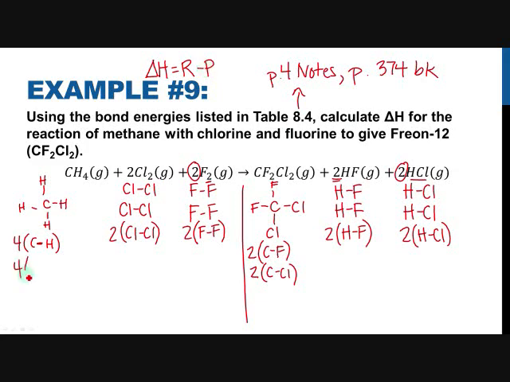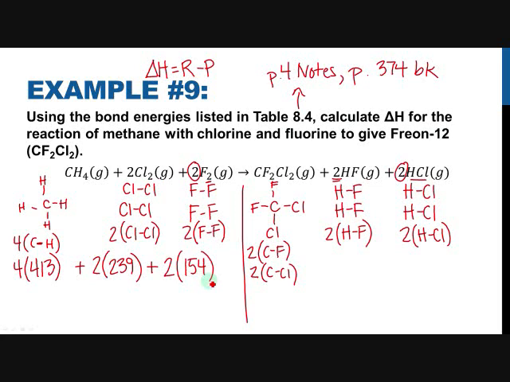So we have 4 times 413 for that one. And then that's going to be added to 2 times the chlorine-chlorine bond, which is 239. Okay? And then 2 times the F bond, and that is 154.